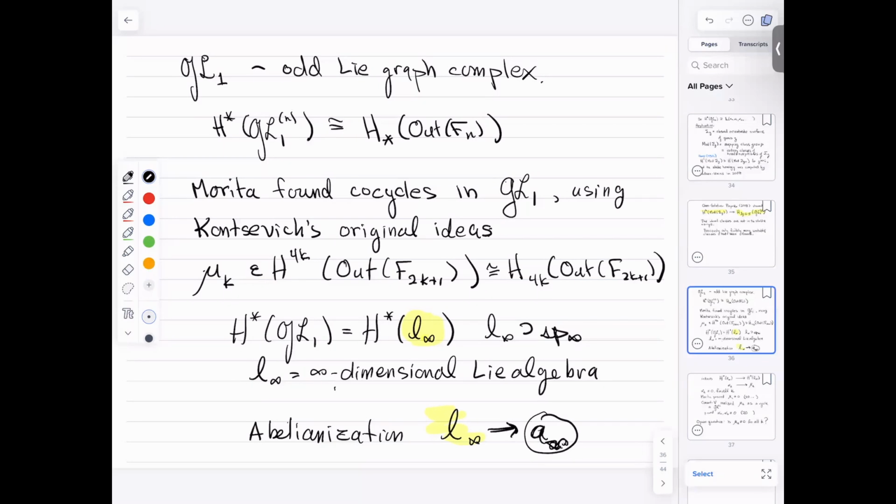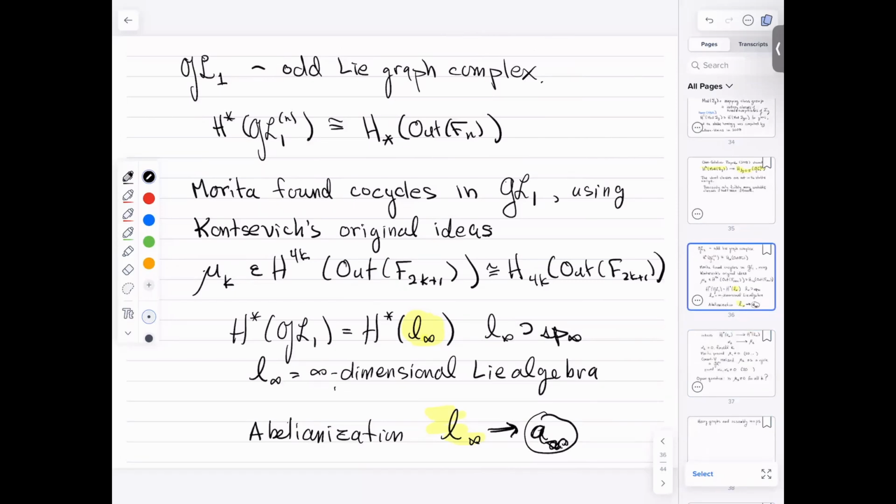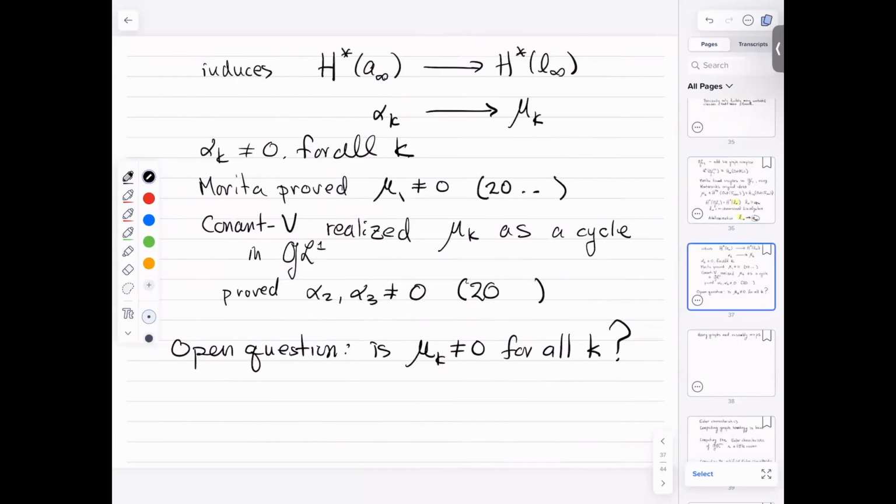Well, he understood some of it, but this map from L infinity to the abelianization A infinity induces a backwards map in cohomology, and he had some classes in A infinity, and they mapped to some classes in the cohomology of L infinity. So all of this is using Kontsevich's original ideas to try to produce some classes mu k. These alpha k's are never zero, and they map to some class mu k.